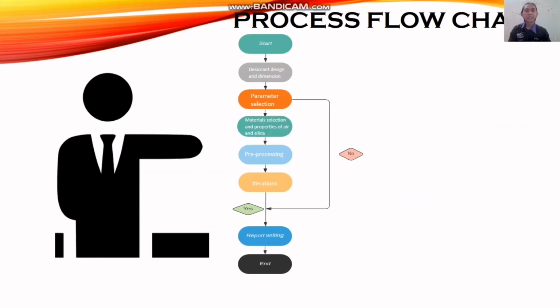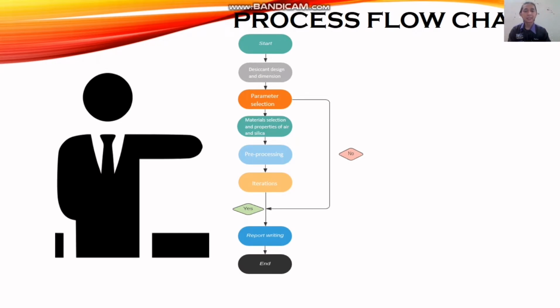And then we continue to the process flow chart. It starts with determining the desiccant design and dimension. After that, we go to parameter selection, and then material selection and properties of air and silica, because the silica needs to have porosity properties.